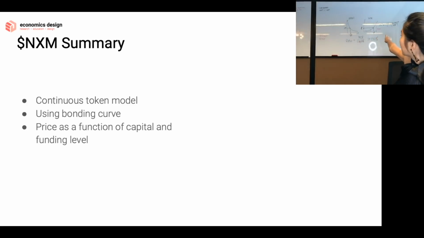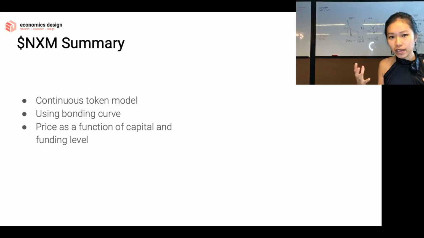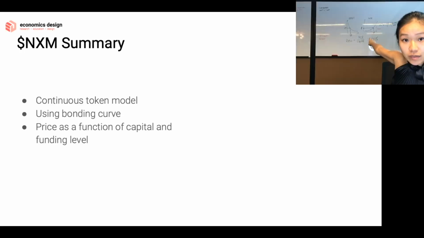And the Q here I'm talking about is the quantity of capital, which is the funding level of this entire system. To make it a bit simpler, the price of the NXM token, the P star you see on NXM, is a function of the amount of capital being input into the system.